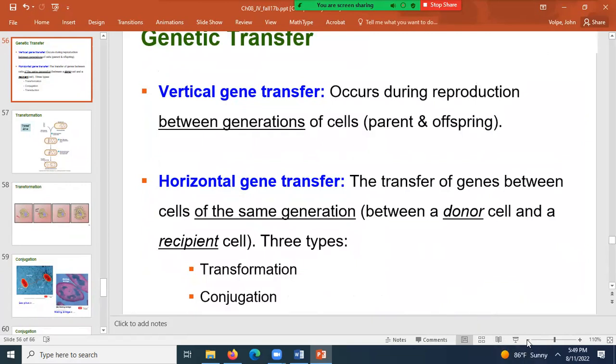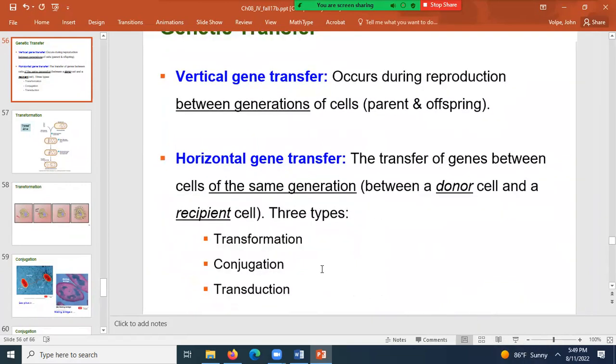They can get there by transformation, by conjugation, and transduction. Transformation involves the DNA leaving one cell, and that cell is probably going to die. And then the DNA is naked DNA in the environment, and that DNA can be incorporated into a recipient cell.